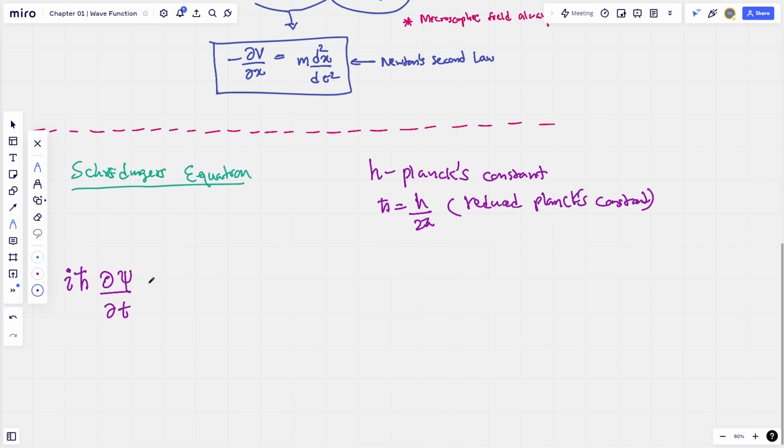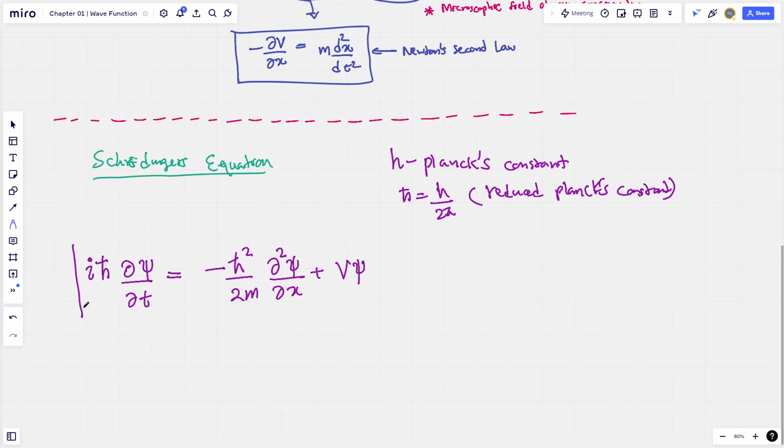With respect to t, it equals minus h-bar squared over 2m times the second partial derivative of psi with respect to x, plus V of psi. This is the Schrodinger equation.